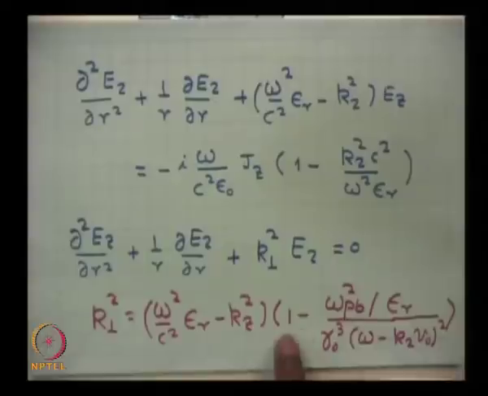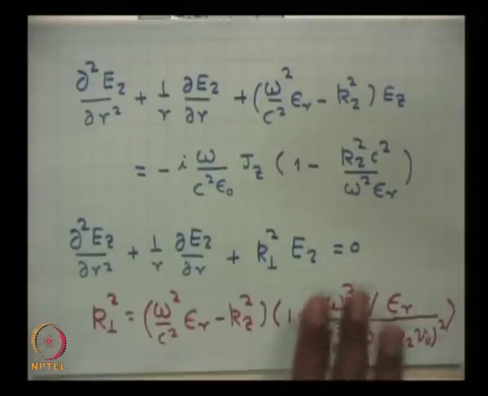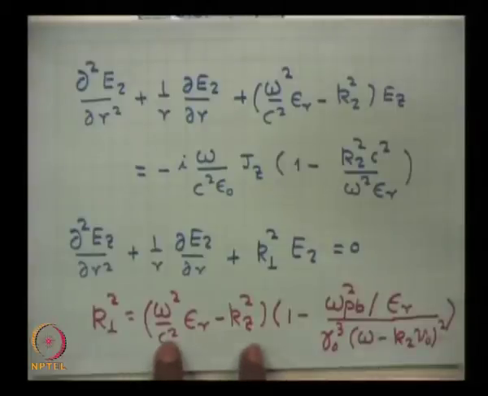This is something like 1 minus ωp²/ω² kind of thing. If beam velocity is not there, beam is non-relativistic, and εr is unity, this looks like a plasma permittivity, and if plasma is not there, then this is simple k⊥ in a dielectric loaded waveguide.